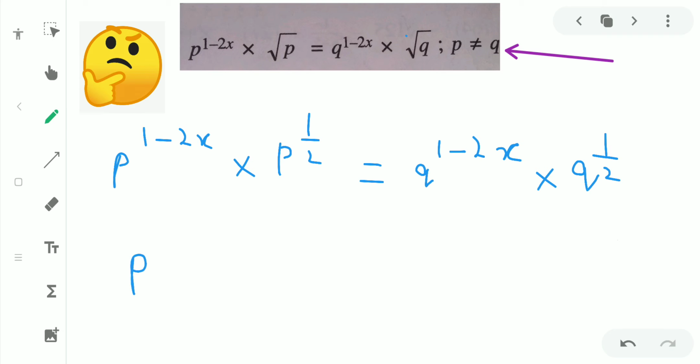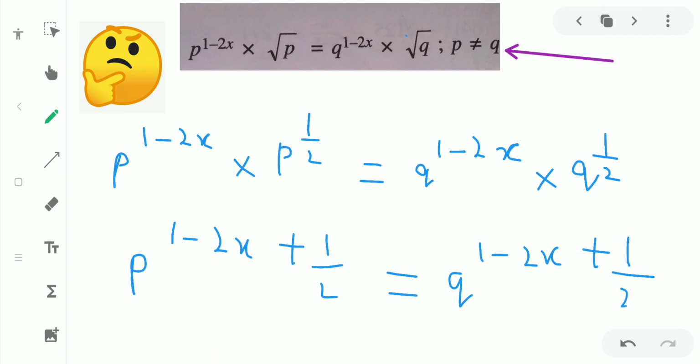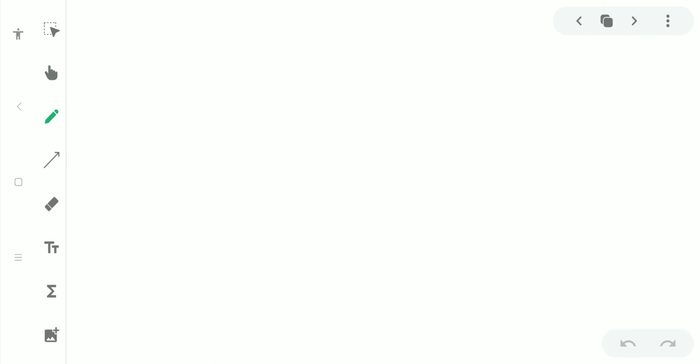So we will get p power 1 minus 2x plus 1 by 2 is equal to q power, I am applying the formula on both sides, 1 minus 2x plus 1 by 2. So let us do first 1 plus 1 by 2 minus 2x. p power 1 plus 1 by 2.